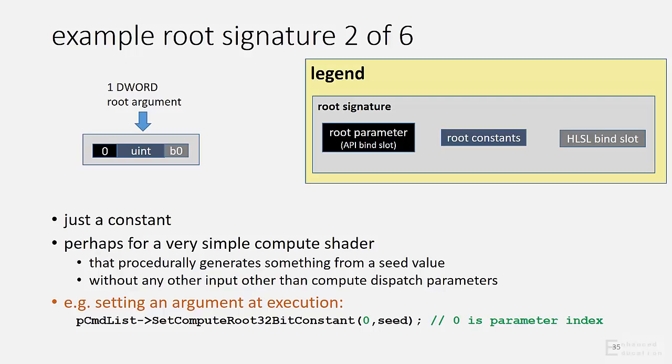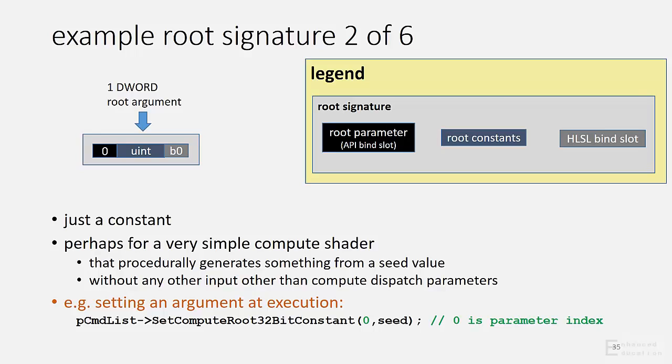Here's an example of a simple root signature consisting of just a single parameter, in this case, a root constant. What's also shown in this diagram are a few of the other interesting parts of the root parameter declaration.